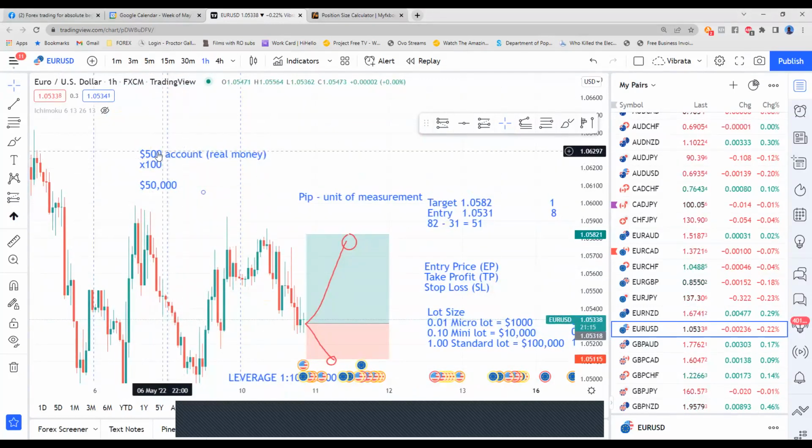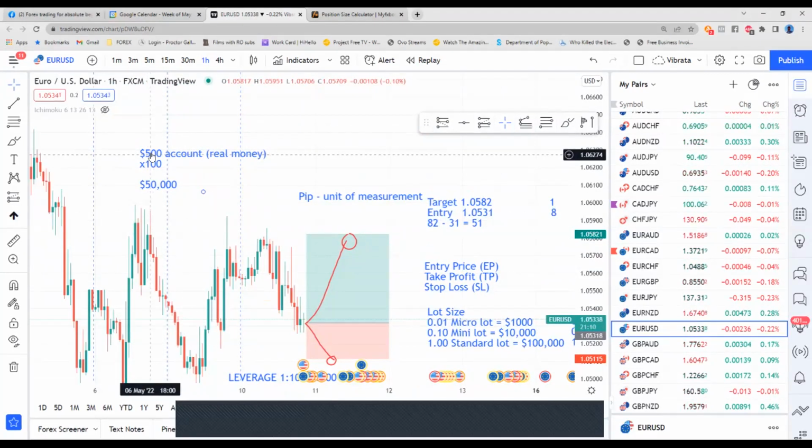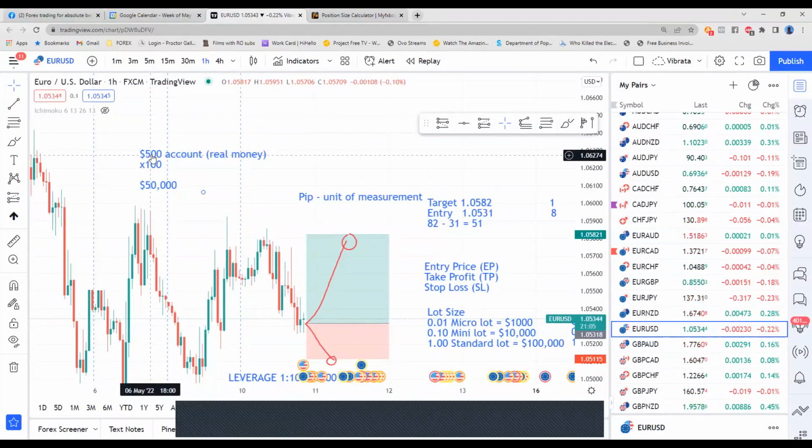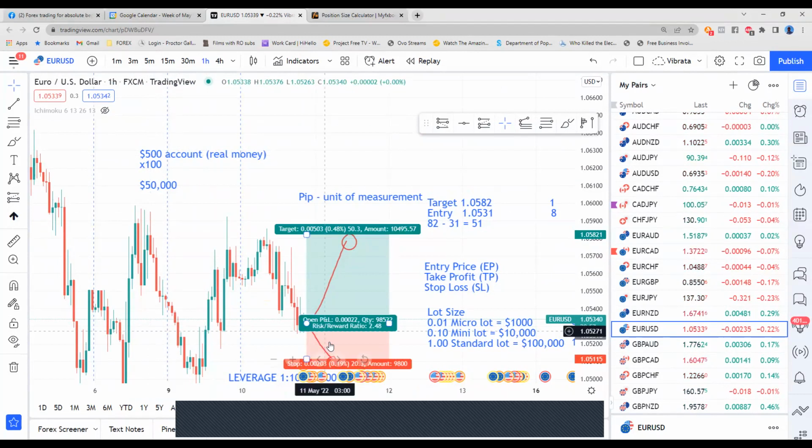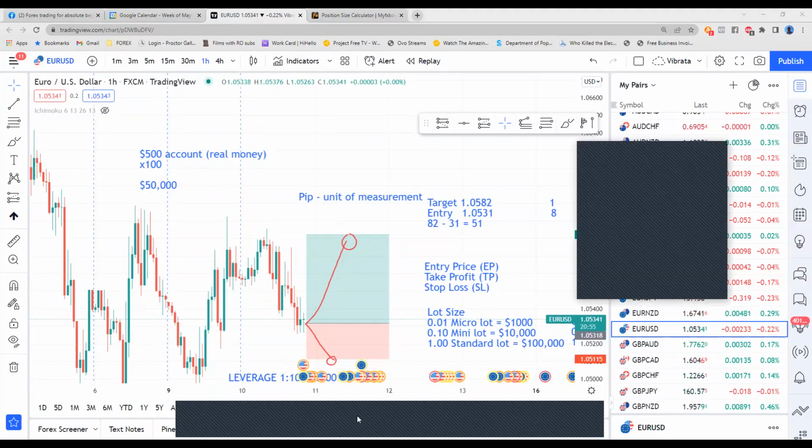What is $25 in the context of $500 of real money? In percentage, what percentage of $500 is $25? What would $50 be?